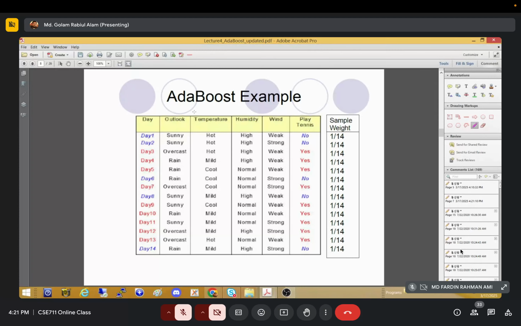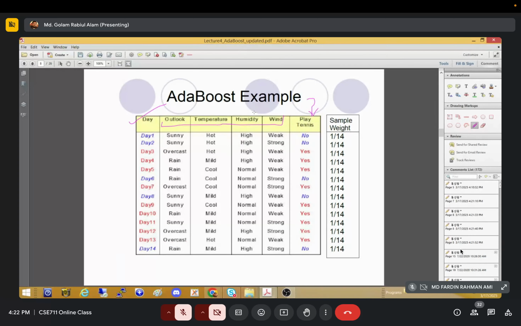Let's say we have a given data set. This data set is called the play tennis data set. That means we have a record of playing tennis and a record of the weather factors.